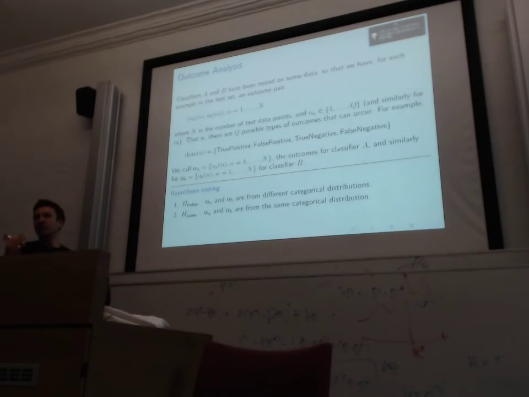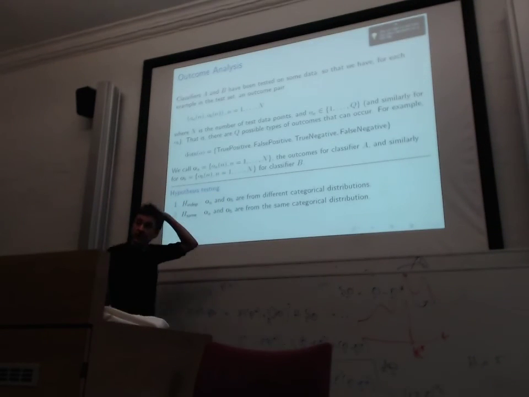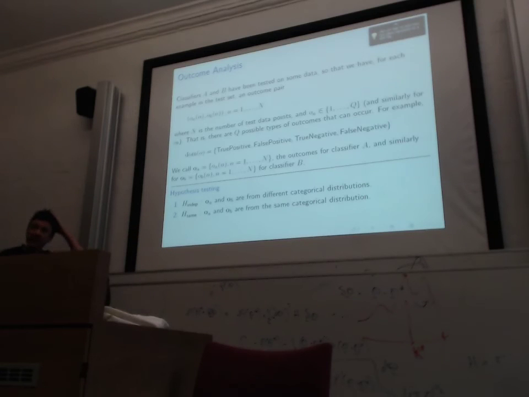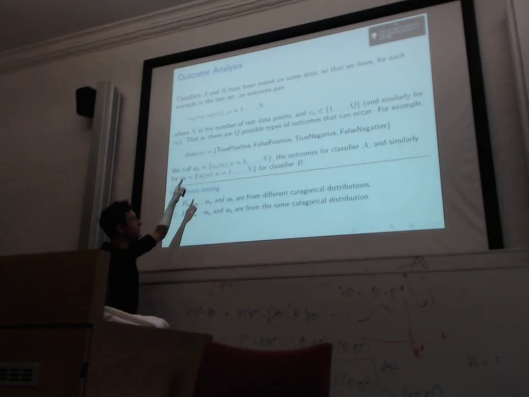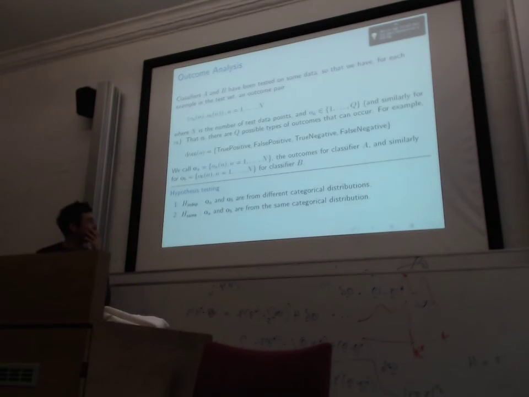It could just be right or wrong, it could be 2. Whatever it is, there's a set of outcomes, a discrete set of states that classifier A can have. And similarly, classifier B is also going to be from the same domain. So it could also be true positive, false positive, true negative, or false negative, for example.